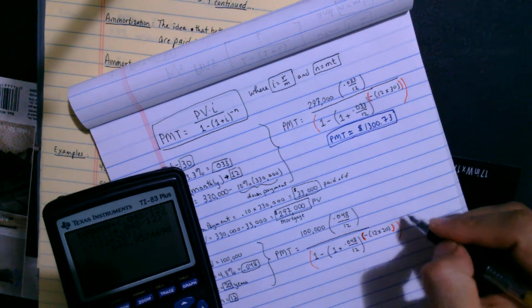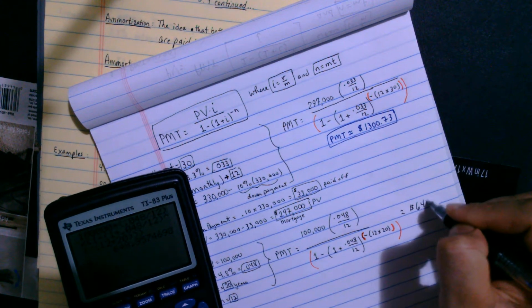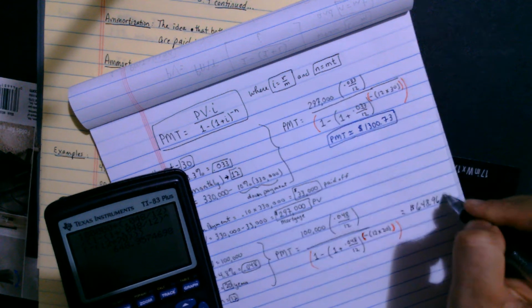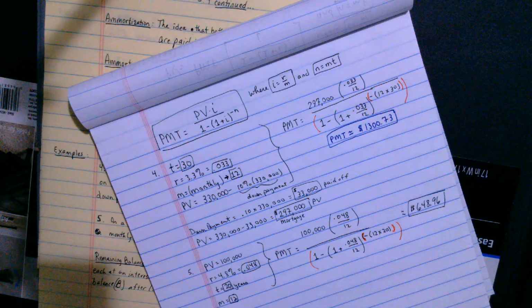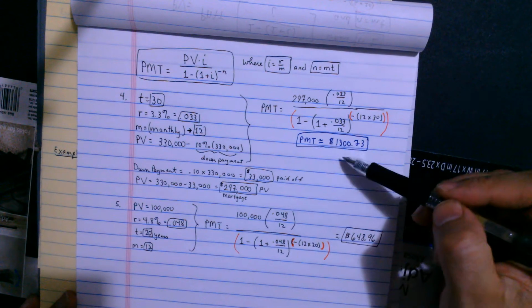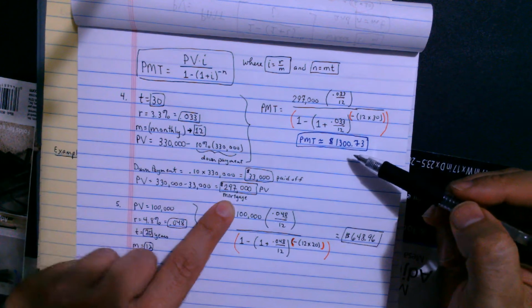The payment is almost $650. It's not bad: $648.96. That would be the monthly payment for $100,000. So about $1,300 for 30 years if you want to borrow this much.